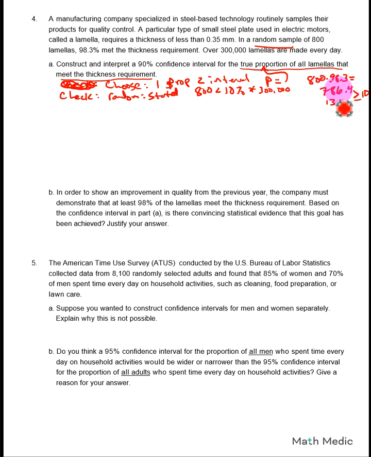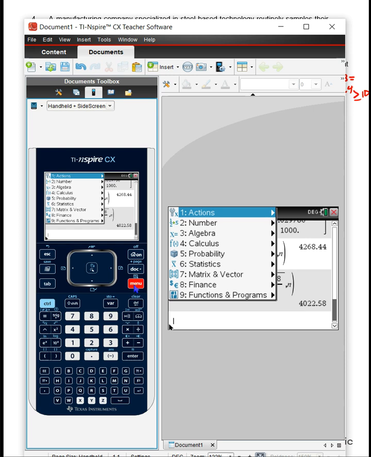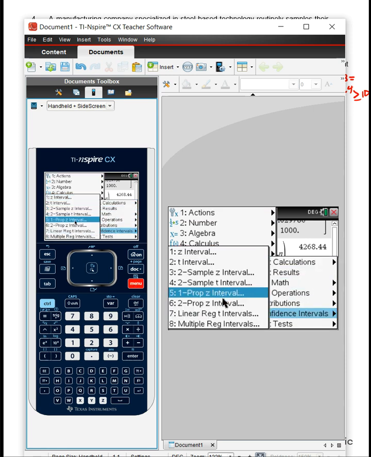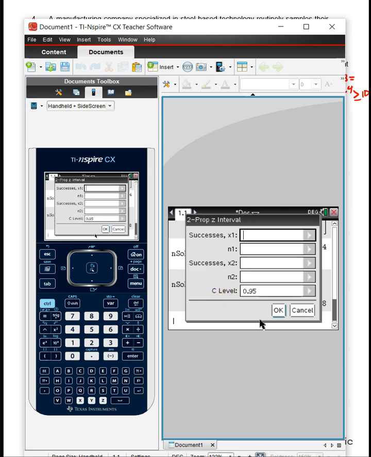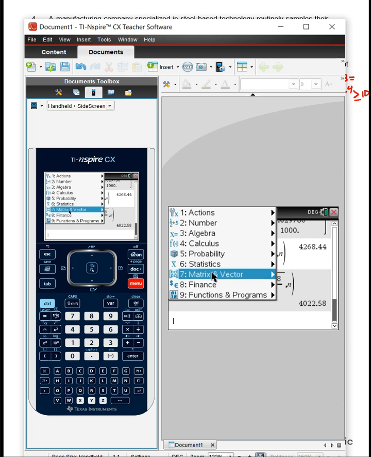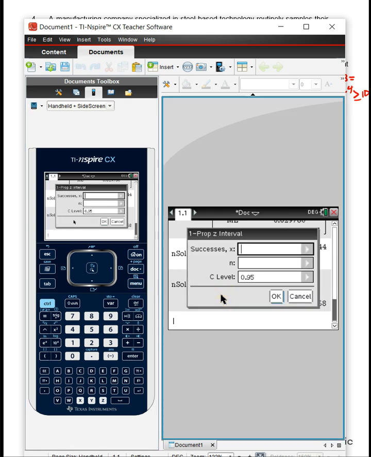Now, when you put this in your calculator, you're going to have to kind of round. It really doesn't matter how you round either way. So let's just go ahead and run it here. Menu, statistics, confidence intervals. We're going to do a 2-prop Z interval. I'm sorry, no, this is a 1-prop. My bad, I'm getting ahead of myself. Statistics, confidence intervals, 1-prop Z interval.